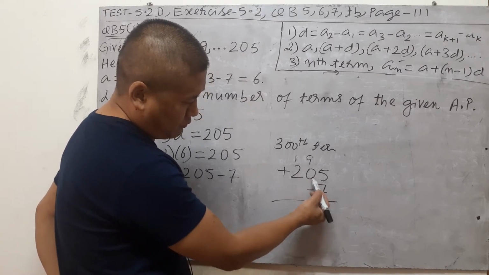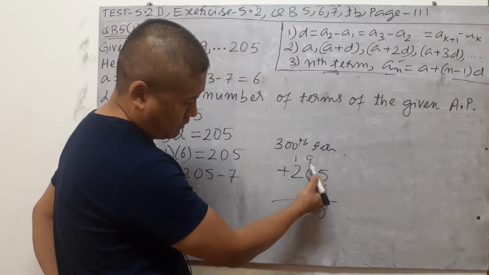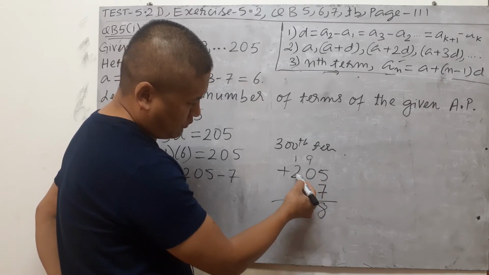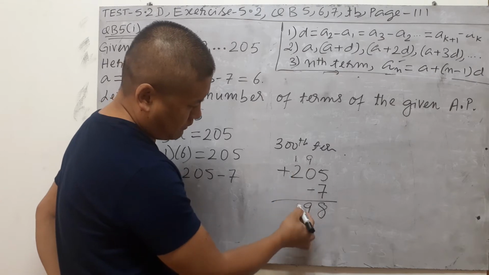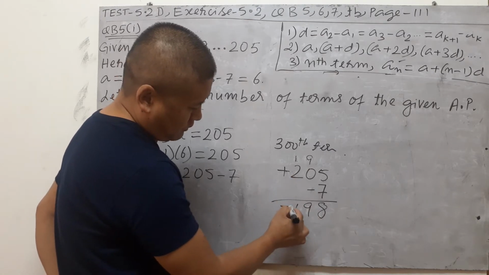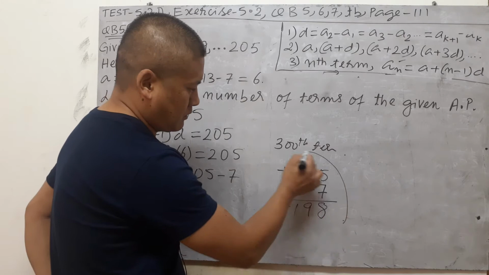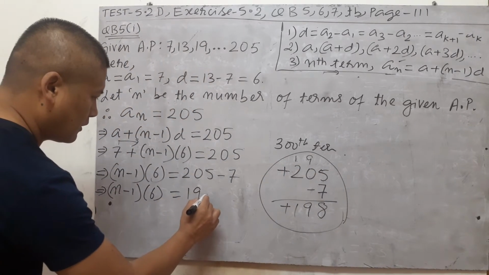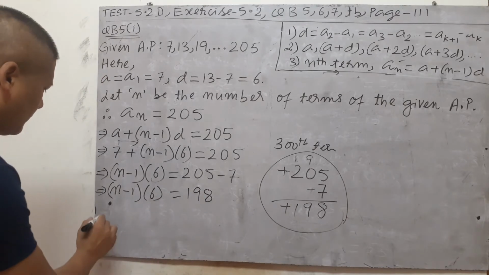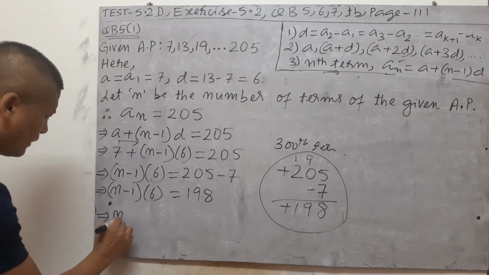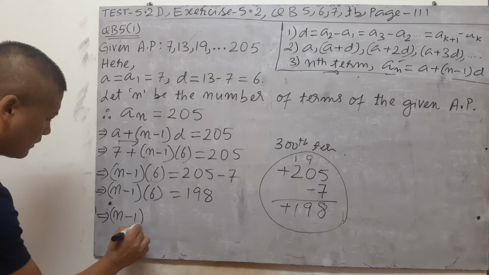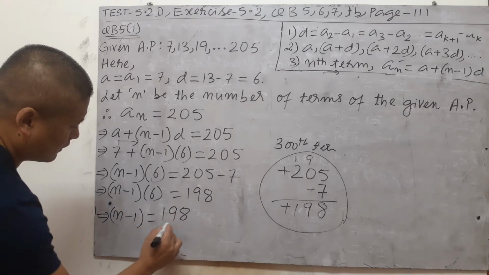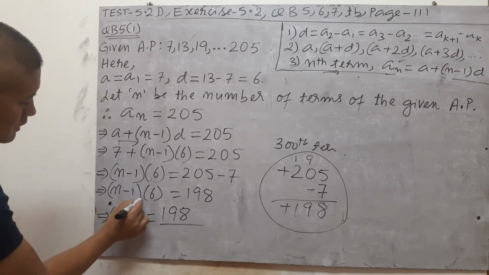To make 15 we borrowed 1 from 10, so only 9 left, and to make 10 we borrowed 1 from here, so only 1 left. The bigger absolute value is plus, so we put plus. You can write these things on your graph. So plus 198. So that implies n minus 1, we can keep this the same, is equal to 198 divided by 6.